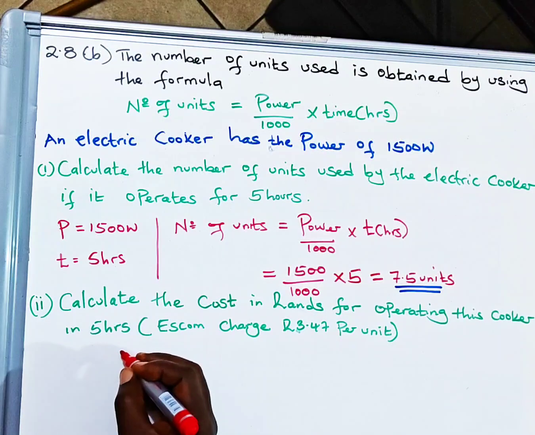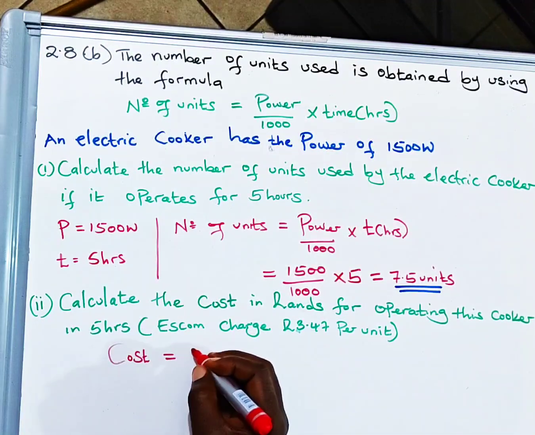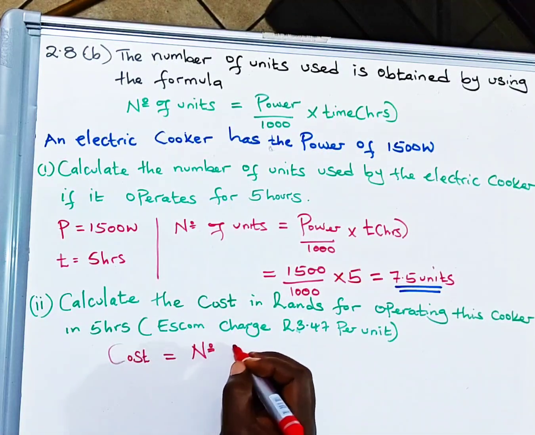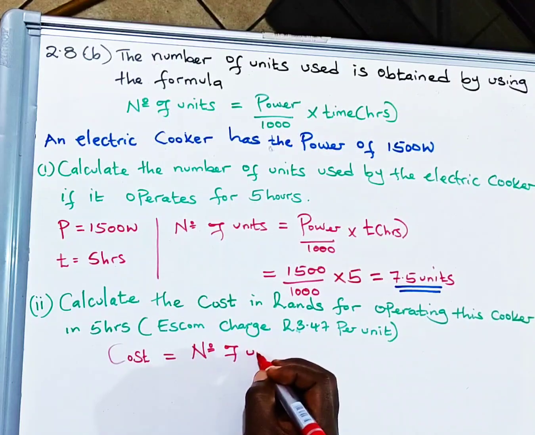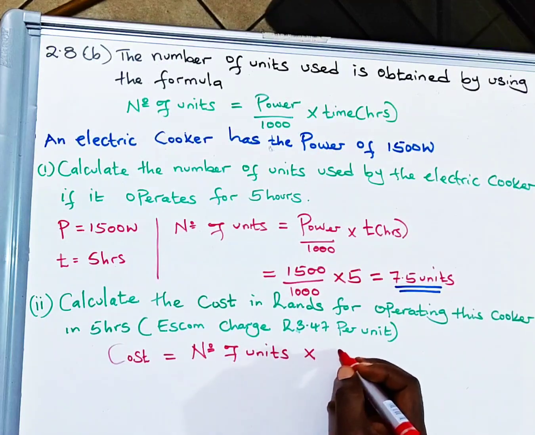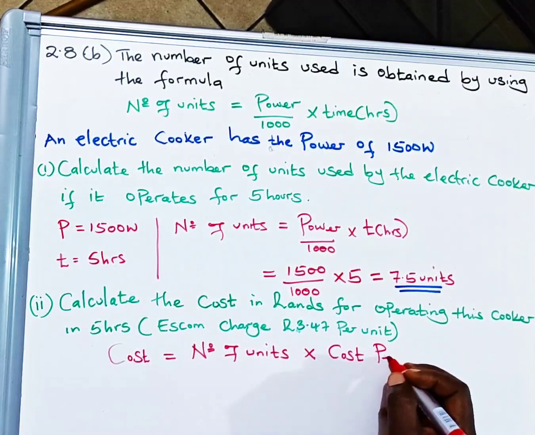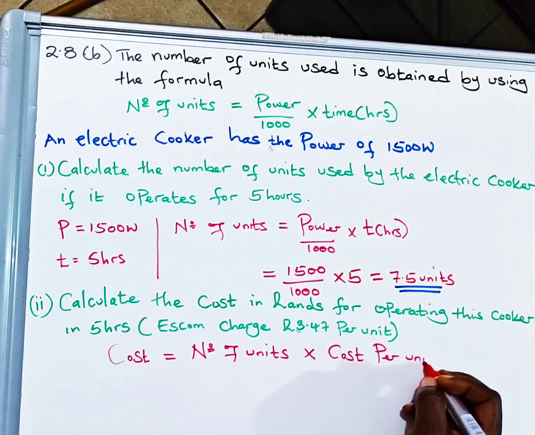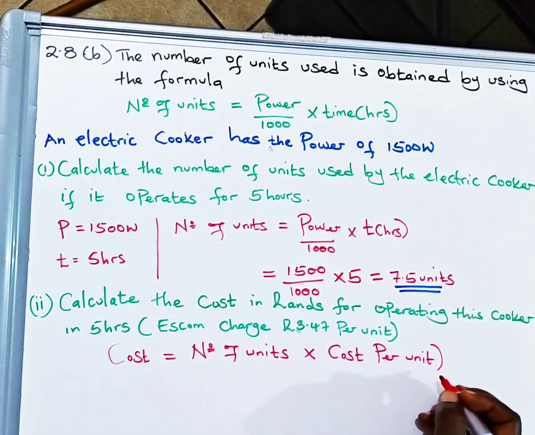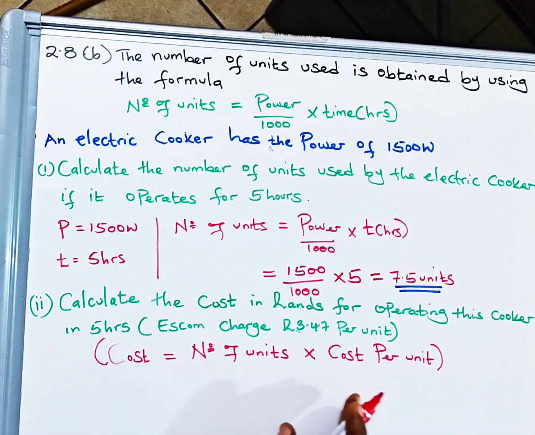The formula for the cost is number of units times cost per unit. Yeah, that's the formula. So in this case, they want us to calculate the cost.